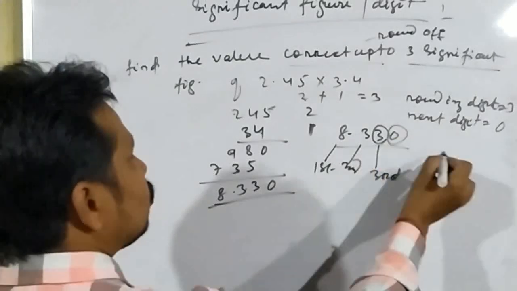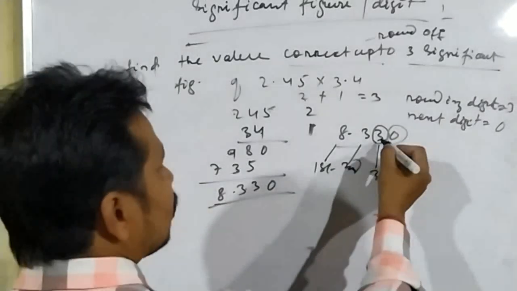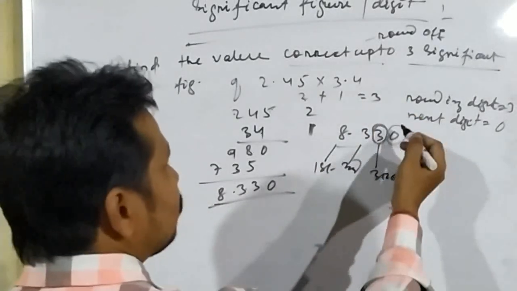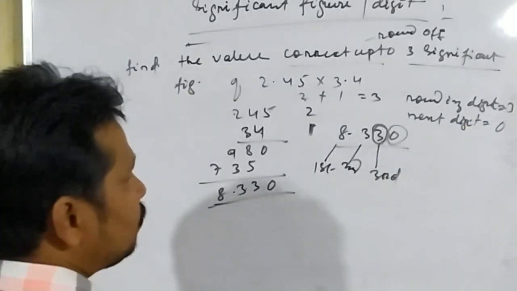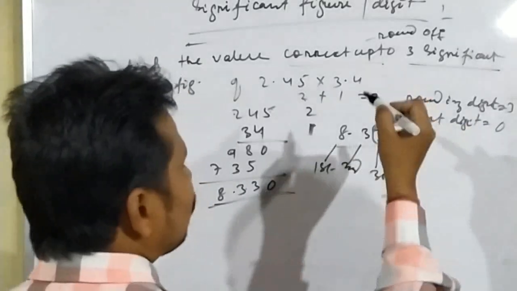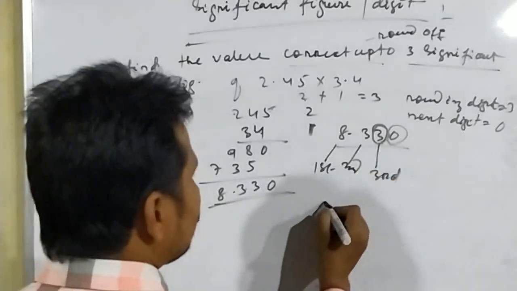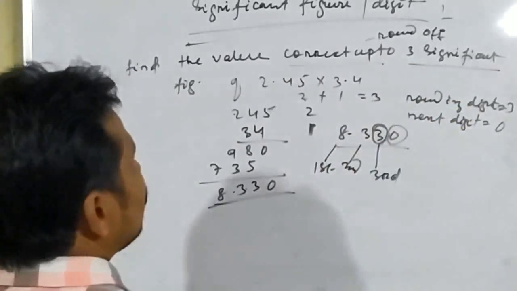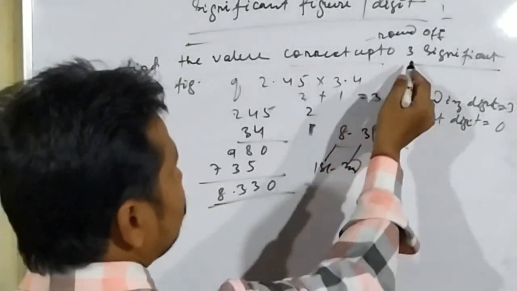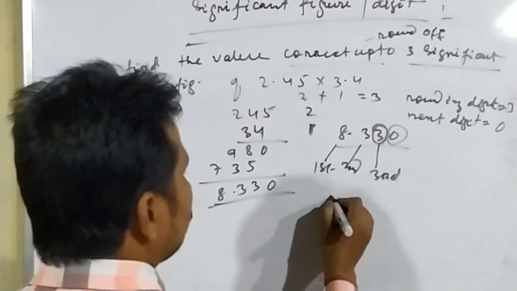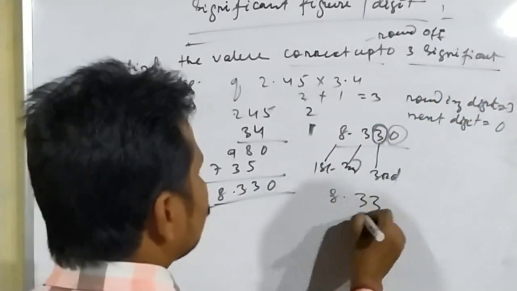If the next digit equals 0, then we take the same rounding digit. So after correcting up to three significant figures, the result will be 8.33.